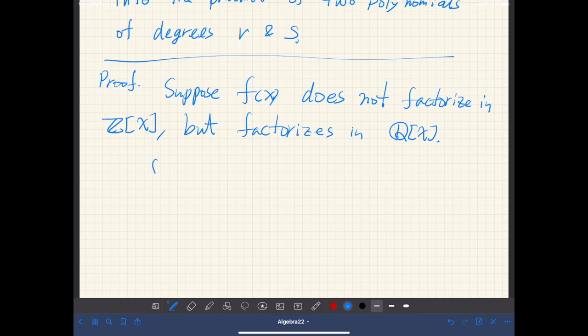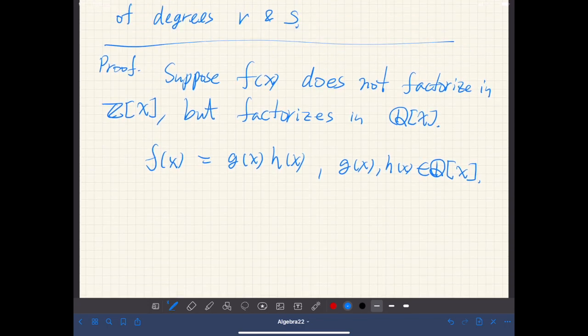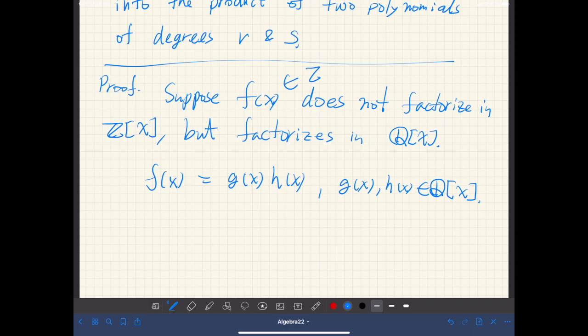So we can write f of x as a product of two polynomials, say g of x and h of x, where g of x and h of x are polynomials with rational coefficients. And of course f of x is a polynomial with integer coefficients.